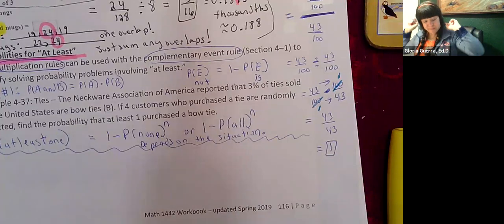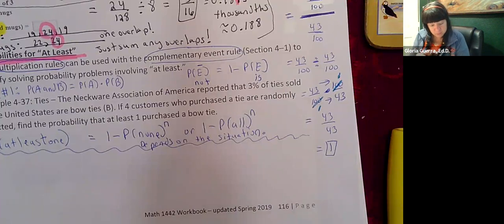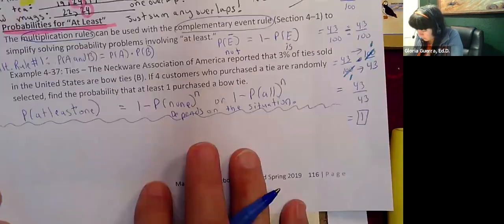Okay, so it says here that the Neckwear Association of America reported that 3% of ties sold in the United States are bow ties. So I'm going to start with that.